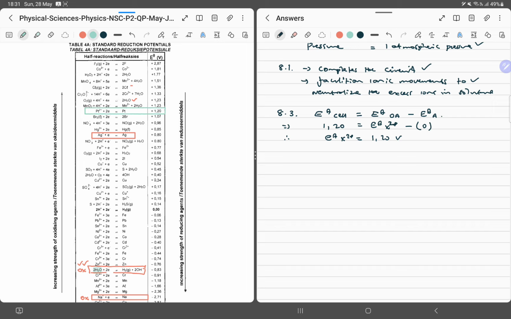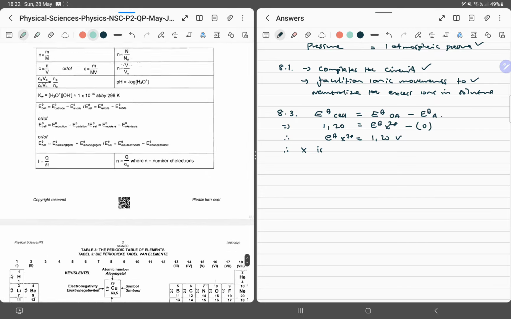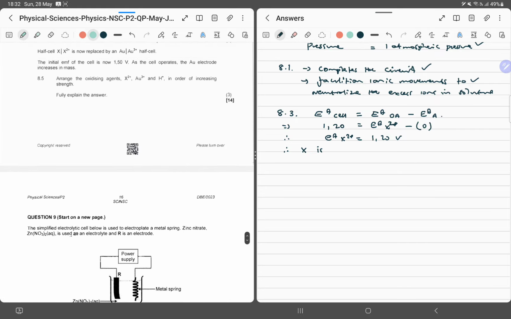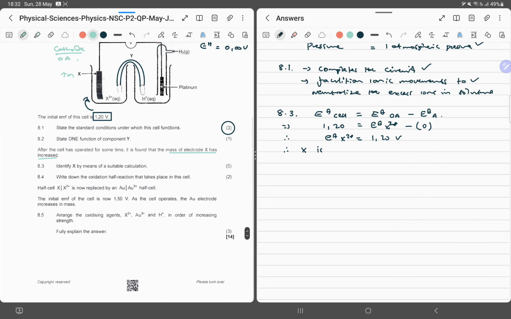So always double check that there are no repeats, okay? So far it looks set that we can say therefore element X is platinum. In fact, they said electrode, didn't they say? Identify X, yeah. X is the electrode, so we can say therefore X is platinum. Great, we have identified it. Or you can even write the formula, but they said name.